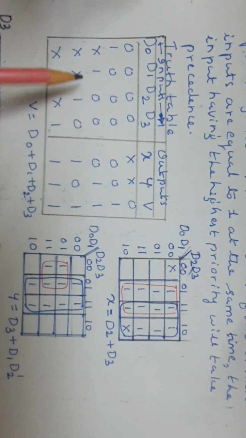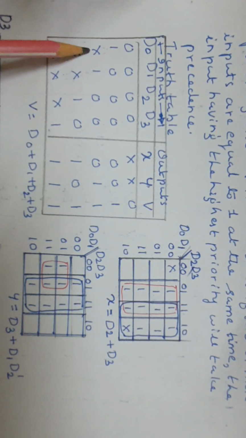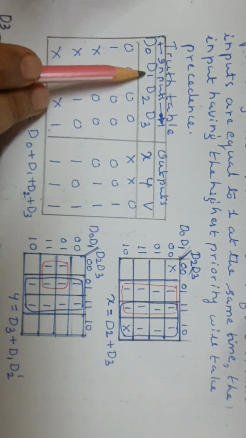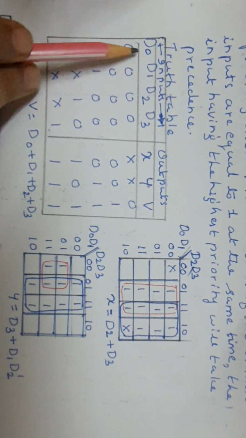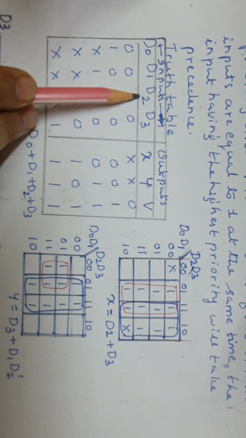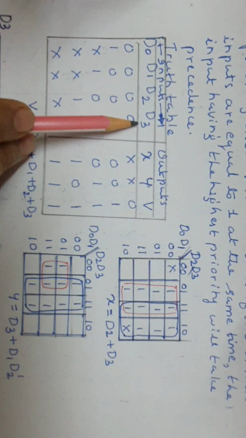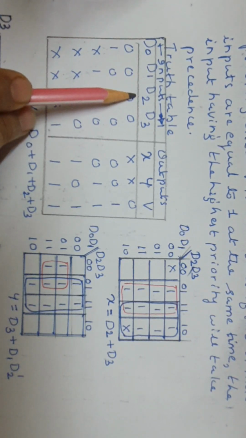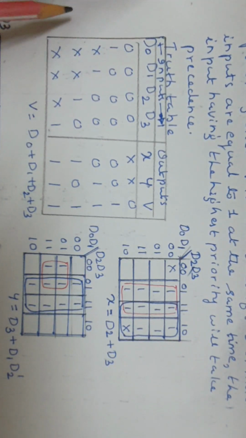When 0, 1, it indicates D1 is active irrespective of bit D0; even if D0 is active, higher priority is given to D1 than D0. Higher priority is there for D2 than D1, and for D3 than D2, D1, D0.